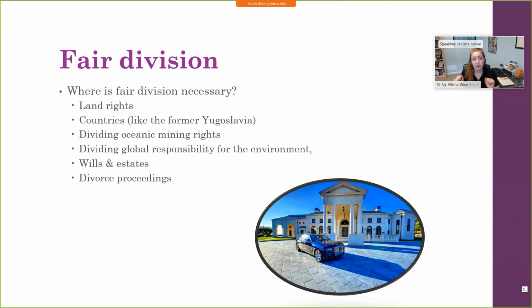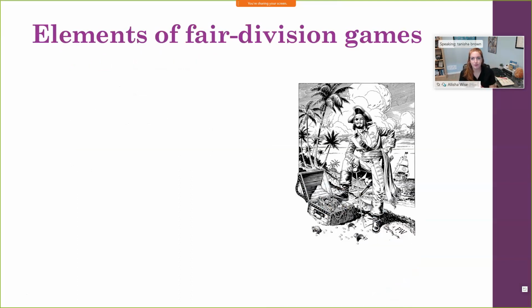Again, we don't get too political in this class. I'm just putting it out there. Wills and estates. If someone passes, how do you divide up the house, the car, the money, you know, things like that. Divorce proceedings. That's definitely a sticky situation. So fair division can be seen in lots of different areas.